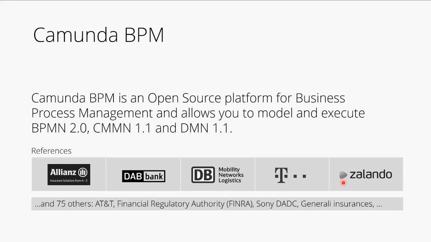So they are, for example, executing orders using Camunda BPM. Right. Besides that, there's of course a number of other customers, especially in North America, such as AT&T, FINRA, Sony, and others. So it is a software that is actually being used in very different situations whenever you want to automate business processes, basically, and also do software development, because Camunda BPM is all about combining developer friendliness with business IT alignment. Right. That's what we usually do.